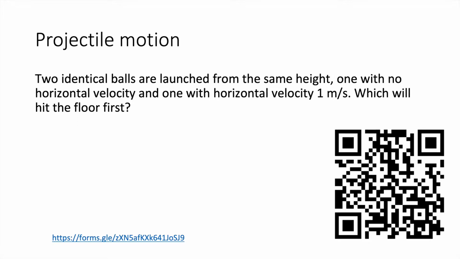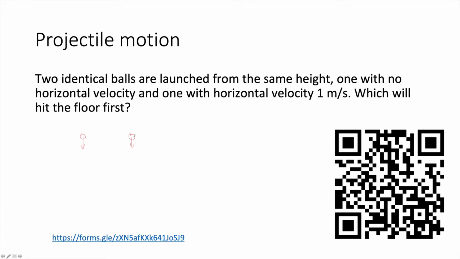So a question for us to try: two identical balls are launched from the same height, one with no horizontal velocity and one with a horizontal velocity of 1 meter per second. Which will hit the floor first? Well, in both these cases, the only force which is acting on the objects is the gravitational force. So the gravitational force is pulling both of them downwards.